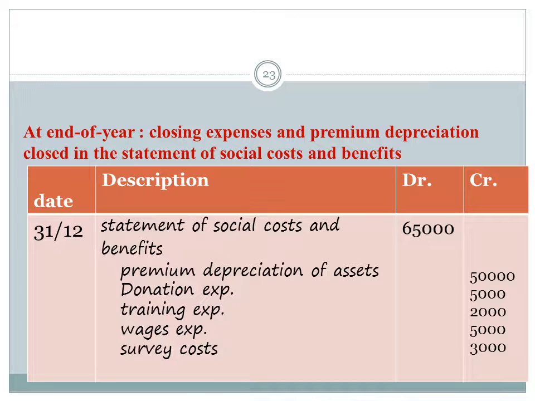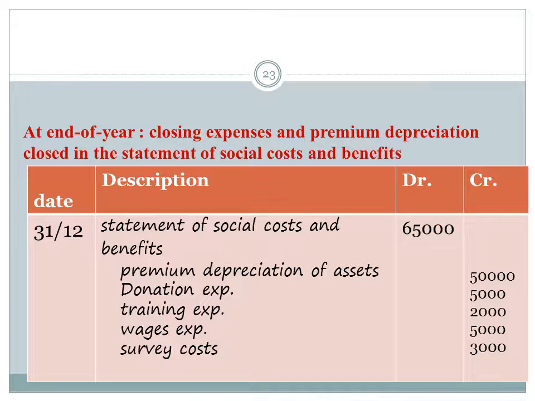Credit side will be all of the expenses: premium depreciation of social asset, donation expenses, training expenses, wages expenses, survey expenses or survey costs. Closing entries will be made on the last day of the year.